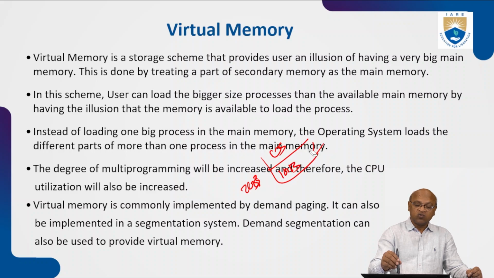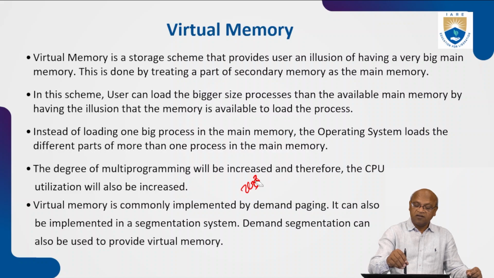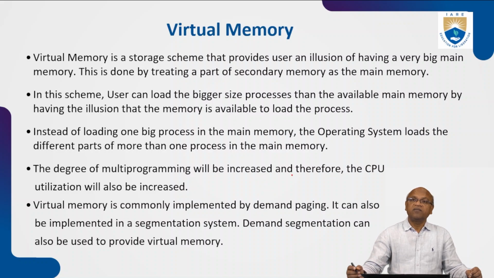Virtual memory is a storage scheme that provides the user an illusion of having a very big main memory. It is an illusion of main memory. This is done by treating a part of secondary memory as main memory, because we have seen the paging technique.